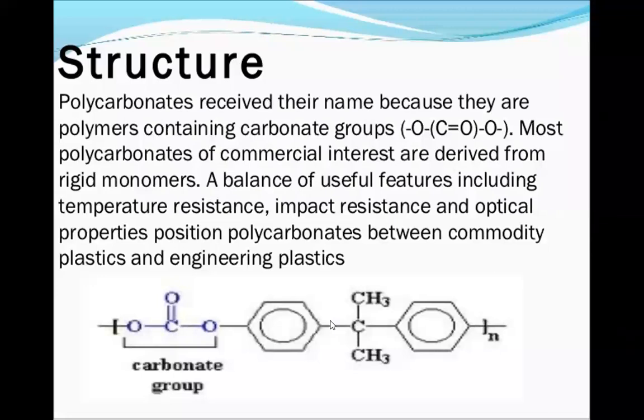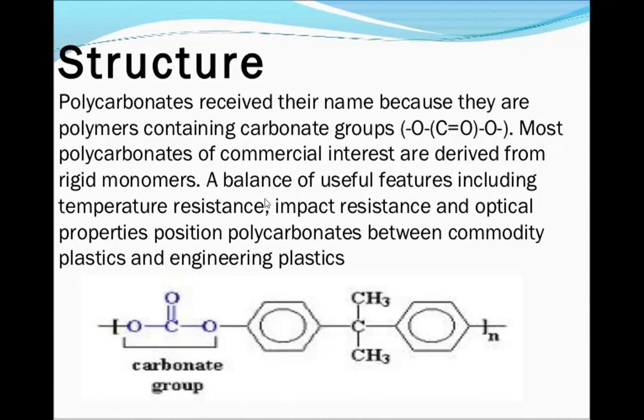Coming to the structure of the polycarbonates, it received the name because they are polymers containing the carbonate group. And most polycarbonates of commercial interest are derived from rigid monomers.